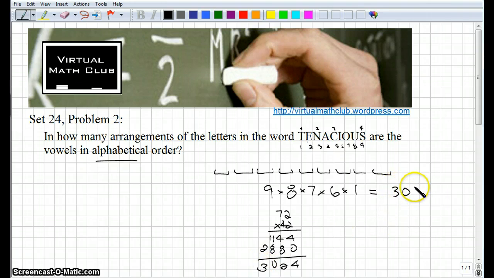So our answer is that there are 3,024 ways to place these letters such that the vowels are in alphabetical order.